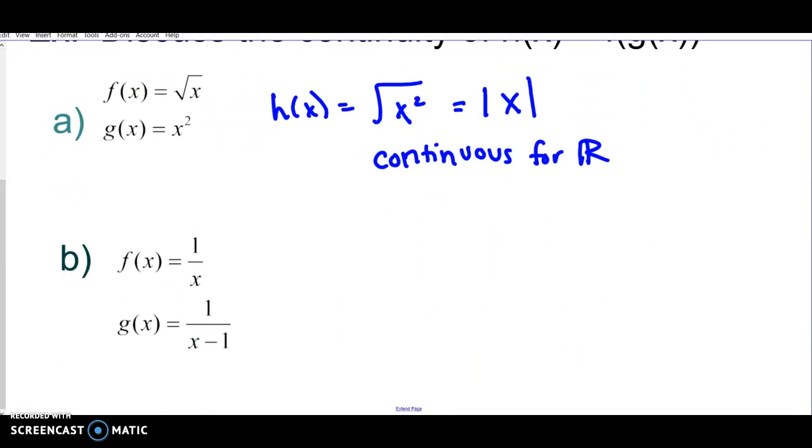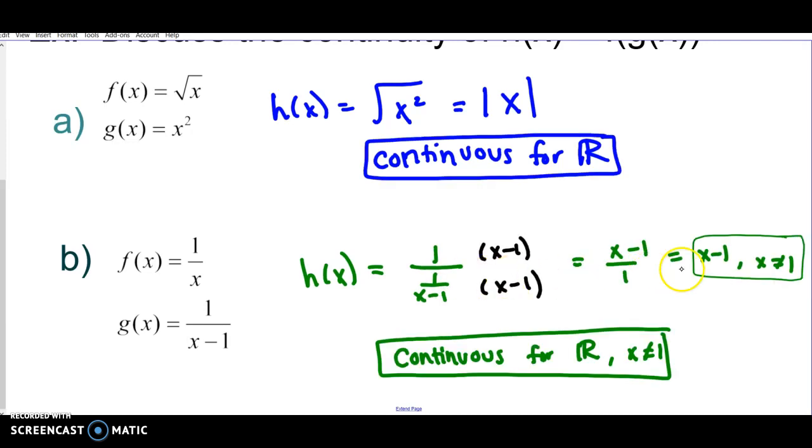Let's look at this one. So if I find h of x here, let's have you guys find h of x. Go ahead, put me on pause. Find the composite function, we get x minus 1, where x is not equal to 1. So this is continuous for all real numbers except x equals 1.